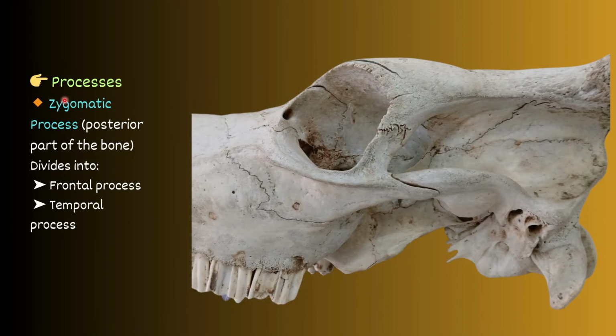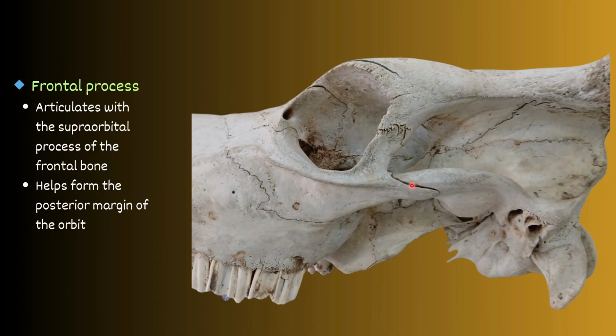Processes are very important. First, the zygomatic process. The posterior part of the bone divides into a frontal process and a temporal process. This is the frontal process and this is the temporal process.